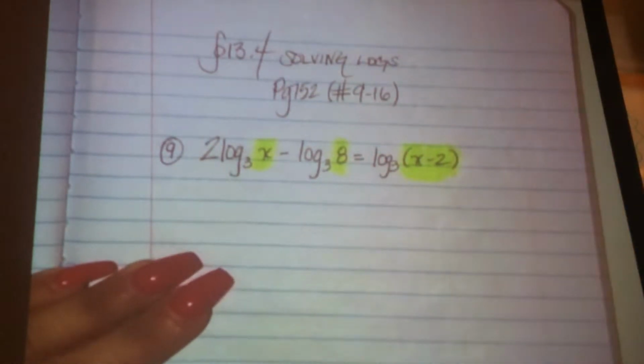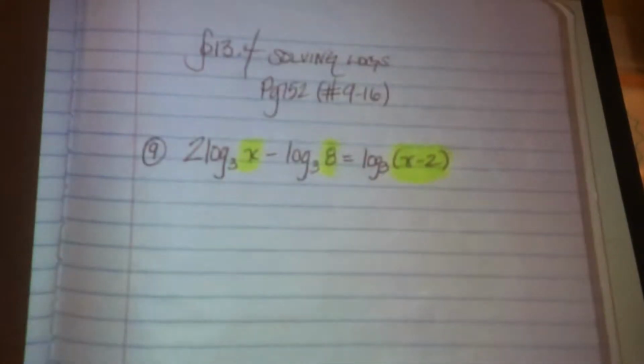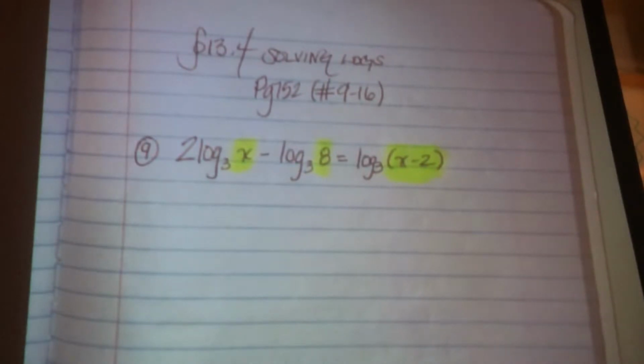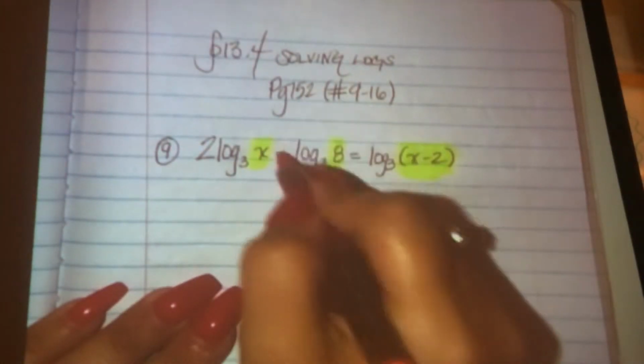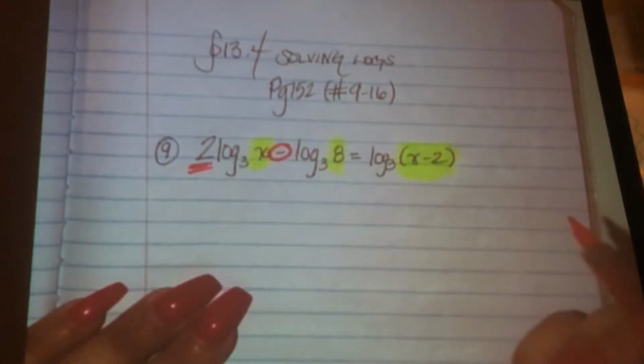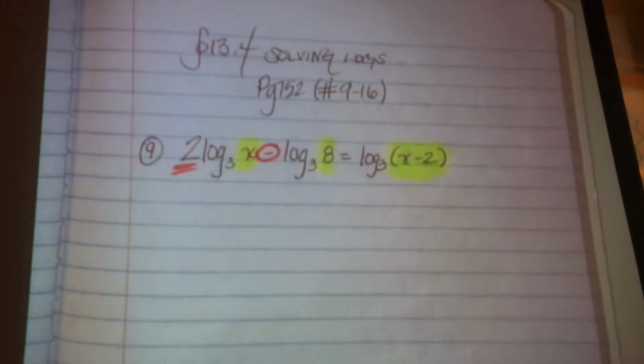That way they stood out to me. And then I notice here that I'm going to start color coding that I have this minus sign and I have this coefficient right here. So I know that there's going to be some yielding of other operations.